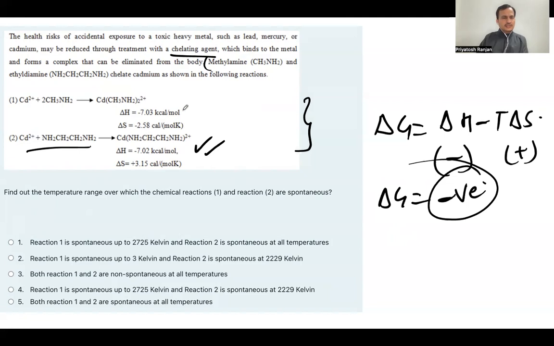And what about reaction 1? If you look at reaction 1, delta H is negative, fine. And then again, the problem is delta S is also negative. I'm talking about it qualitatively. So under what conditions is this reaction going to be spontaneous? At lower temperature.